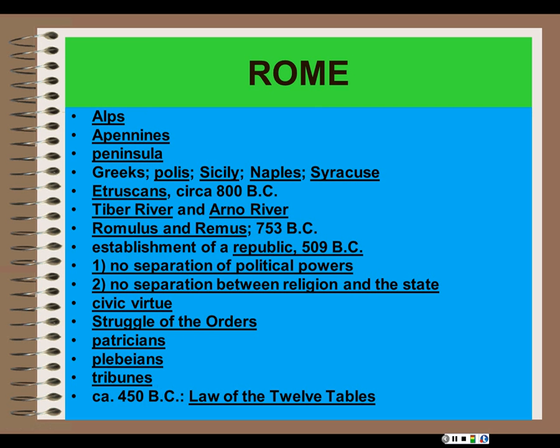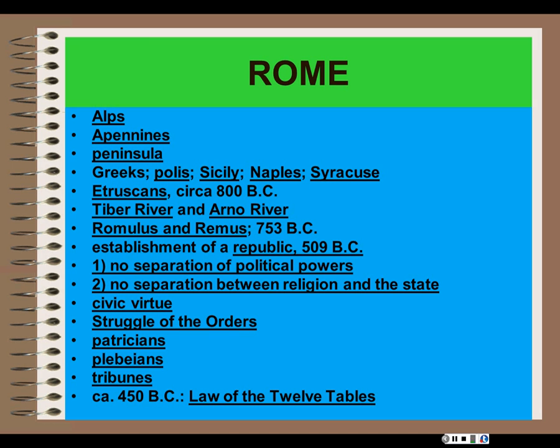About 450 BC, so this is very early on, the plebeians succeeded in getting another very important thing enacted. And it was called the Law of the 12 Tables. And it was literally a written law code.